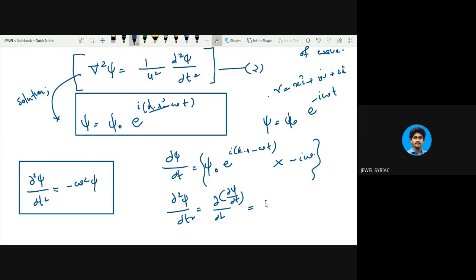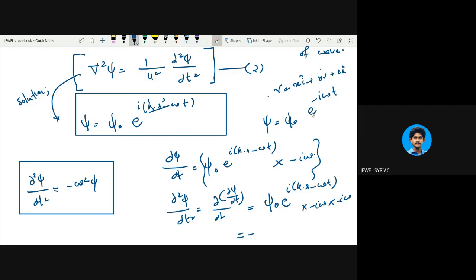Then we will get again psi 0 e raised to i(k·r − ωt) into, again we have −iω. Differentiating again inside this exponential function, we will get −iω. So at last we will get −iω into −iω. That gives i² ω².